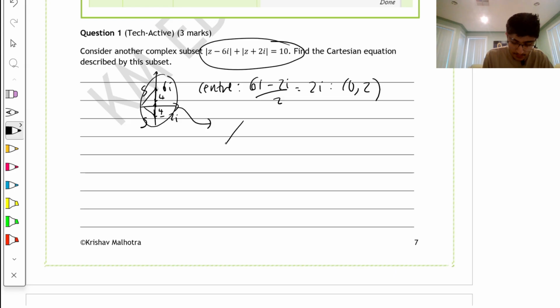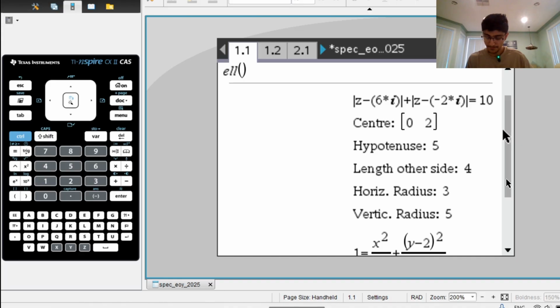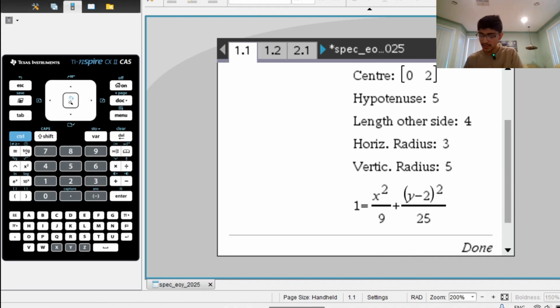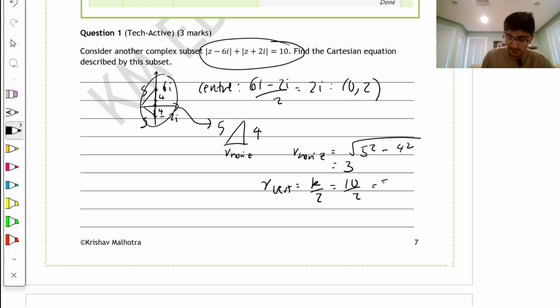So I can now zoom in on that top triangle, get 5, 4, and I can see that my horizontal radius is therefore, by Pythagoras' theorem, just equal to 3. That's exactly what my UDF said. So you can in fact just directly copy from the UDF. And then my vertical radius is just k divided by 2, which is 10 divided by 2, so 5.